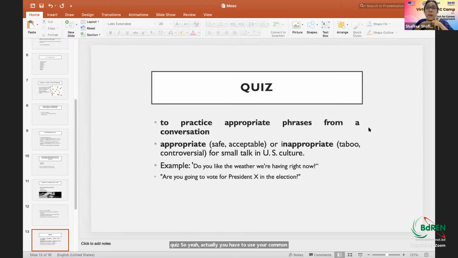For example, appropriate means safe and acceptable, and inappropriate means taboo. Taboo means which people don't like to talk about, and also the controversial, for example, political things. And these are for small talk in US culture. So for example, do you like the weather we are having right now? What do you think? Is this appropriate or inappropriate?